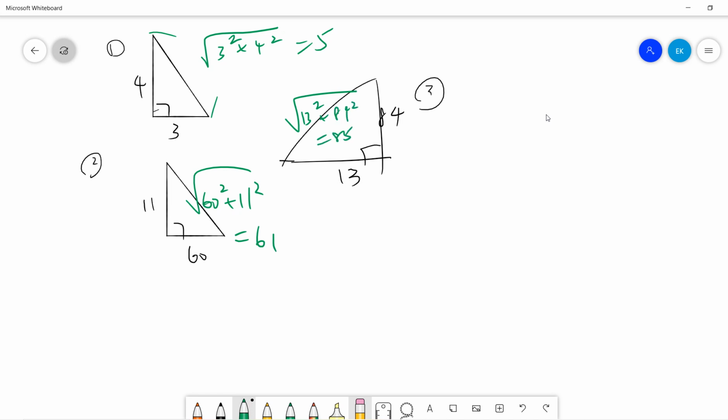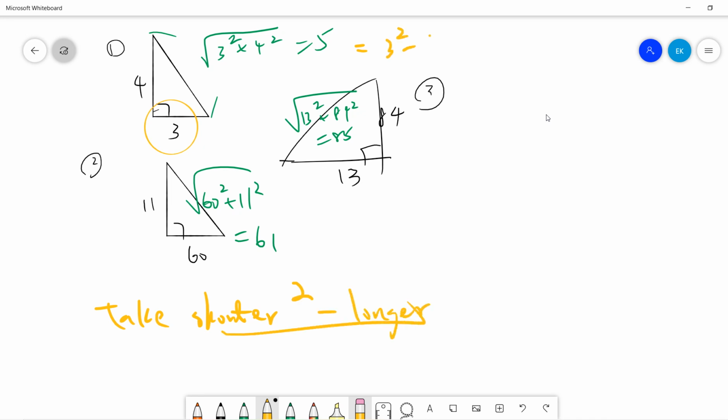Okay, so the author claimed that there is another way to do this: take the shorter length squared minus the longer one. For example, 3 squared minus 4, which is 9 minus 4, which is 5. For the second, take the shorter squared, so 11 squared minus 60, which is 121 minus 60, so it's 61.